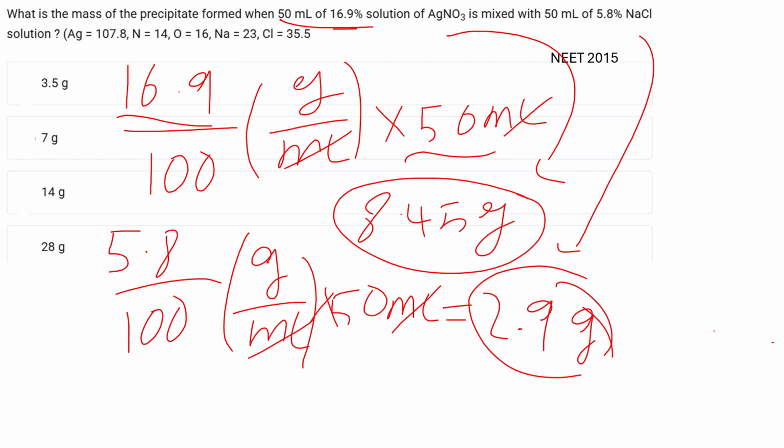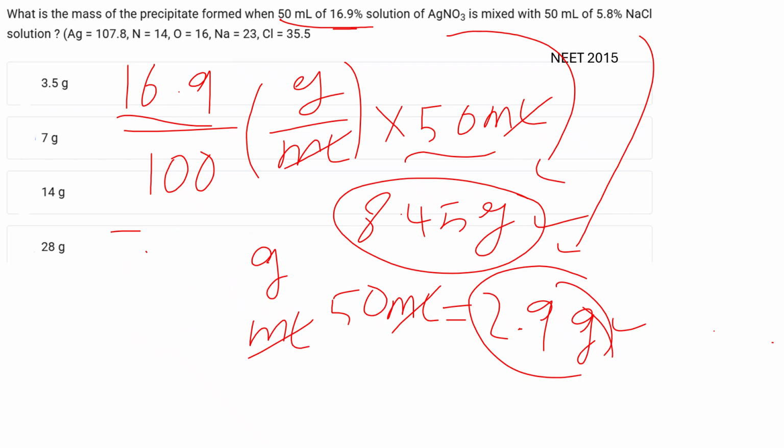Now from this value we can find the answer, or else go the moles way. I am going the moles way because that is very simple in this case. How to convert grams into moles? Moles is equal to given weight divided by molecular weight. Let's solve this.